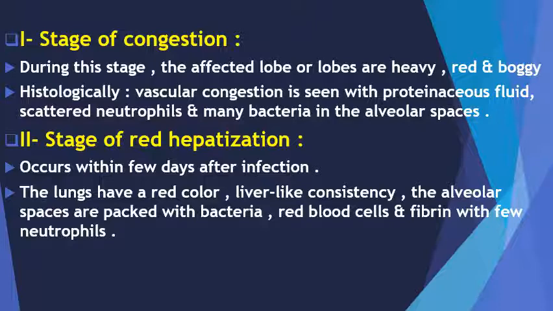Vascular congestion is seen, with proteinaceous fluid outpouring into the alveoli, with scattered neutrophils, a small number of inflammatory cells. Many bacteria are seen in the alveolar space in this stage of congestion. During this stage, the patient feels heaviness in the lung and pain.